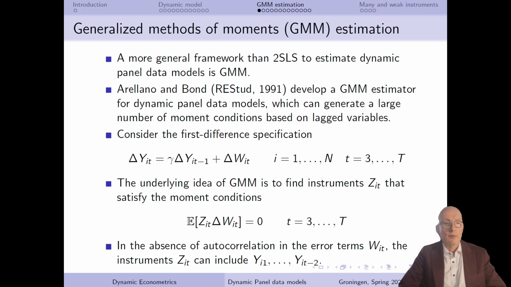In that sense, consider once again the first difference specification: delta y_it is equal to gamma delta y_{i,t-1} plus delta w_it, for i is 1 till capital N, and t from 3 up till capital T. The underlying idea of GMM is now to find instruments, which we denote here by z_it, that satisfy the moment condition that the mean of z_it multiplied by delta w_it is equal to 0.